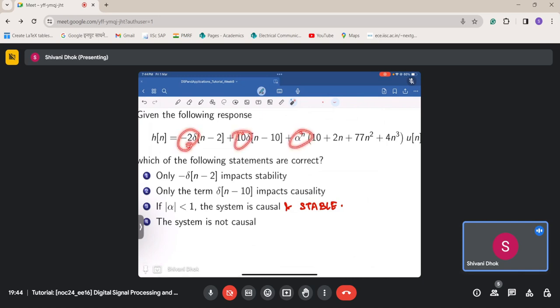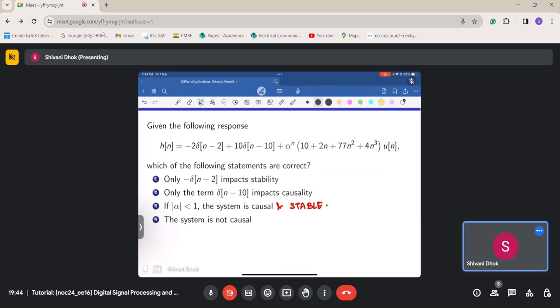This will be an exponential decay, and it will make the system stable if the magnitude of alpha is less than 1. If it has a magnitude higher than 1, then the first term itself, 10 into alpha to the power n, will only diverge, and therefore the system will not be stable. So this particular option is correct.